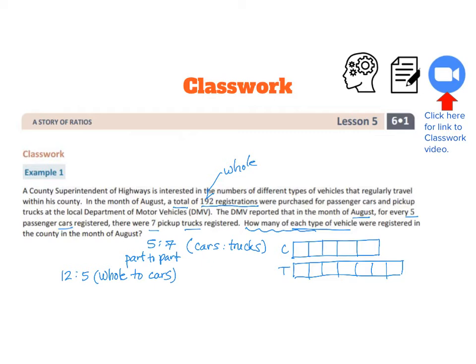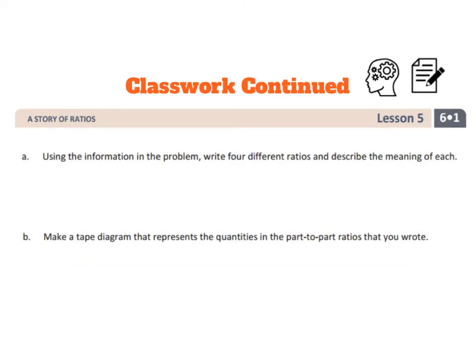And then I could also write 12 to 7, which is the whole group to the trucks. I'm just playing with some of the numbers that they gave me. Maybe I'm not even there yet. Maybe I need to go into the other slides. I know that we use the info to write 4 different ratios and describe the meaning. Let me see if I have that on my slide.